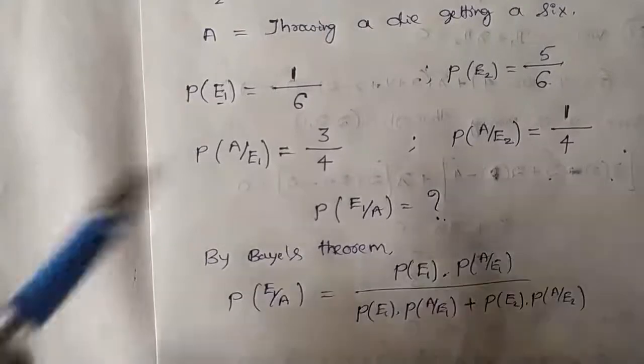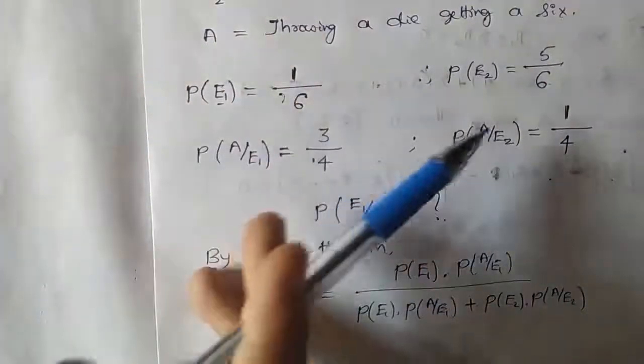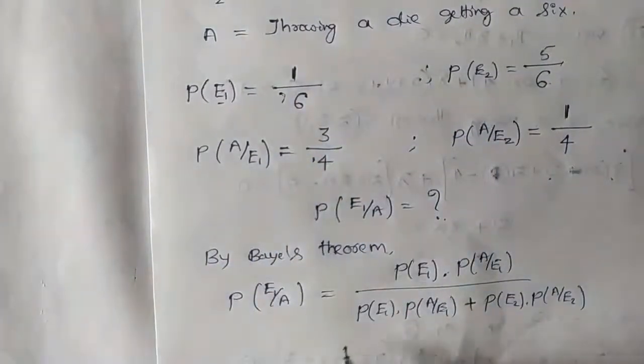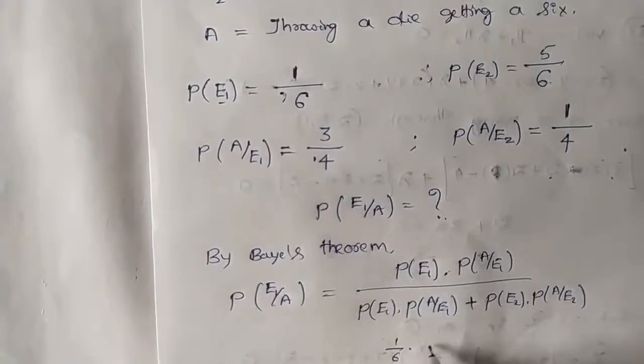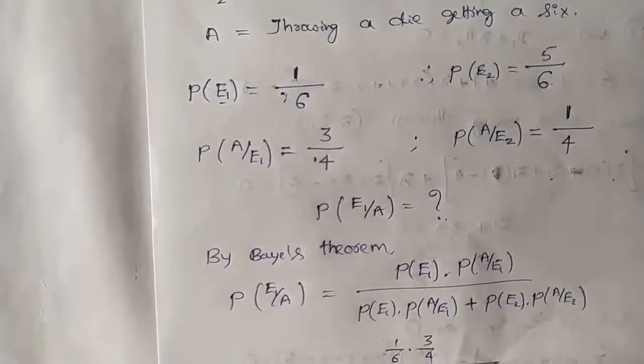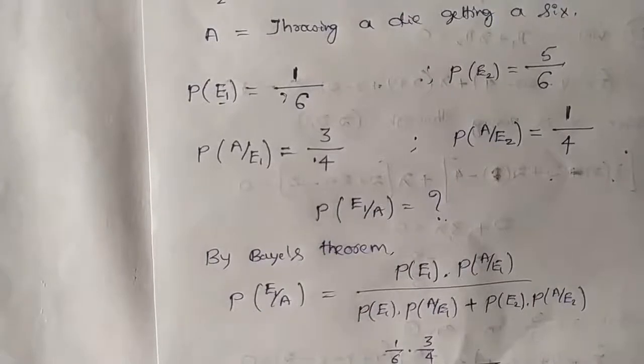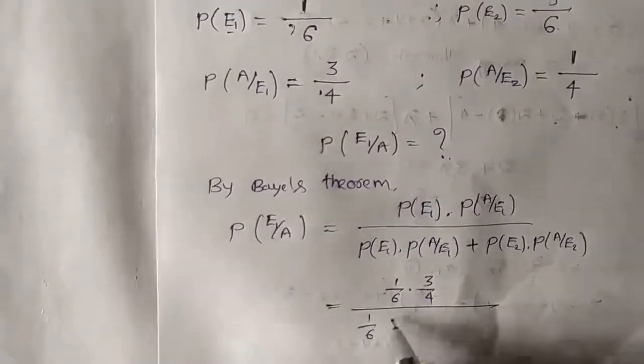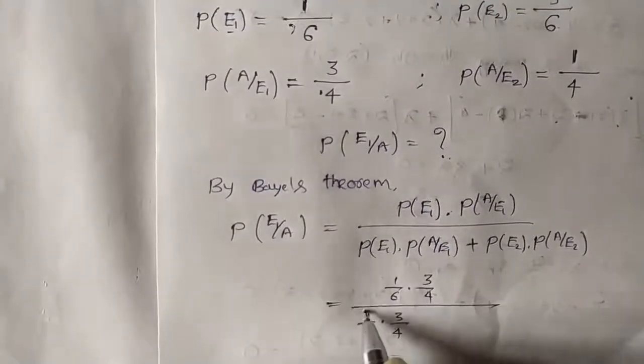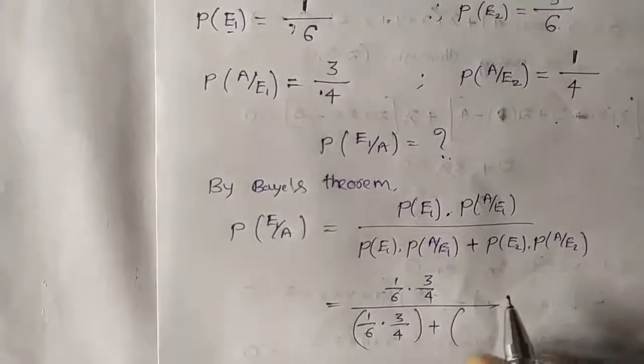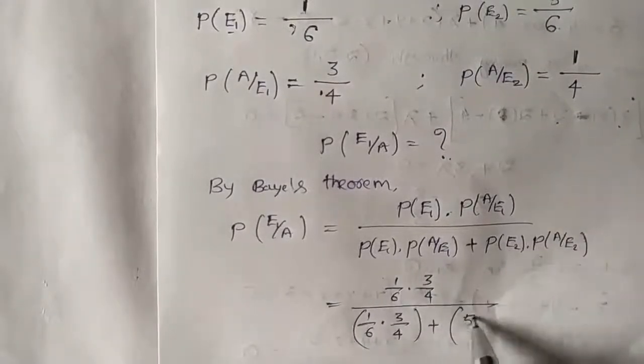Substitute the values. 1 by 6 into 3 by 4, whole divided by 1 by 6 into 3 by 4 plus 5 by 6 into 1 by 4.